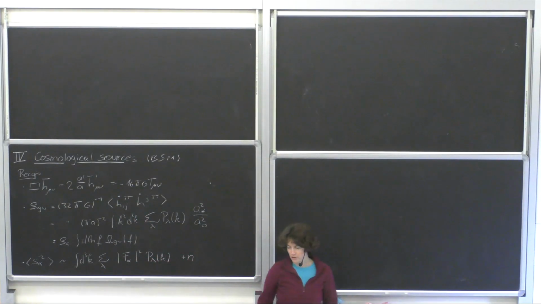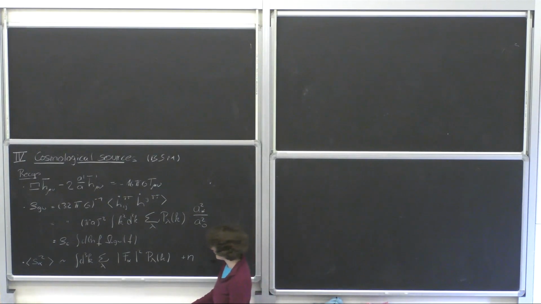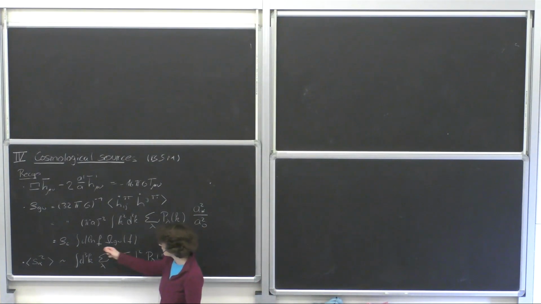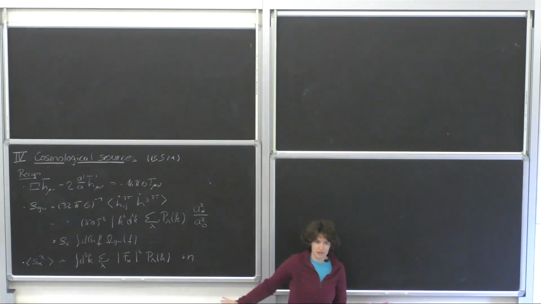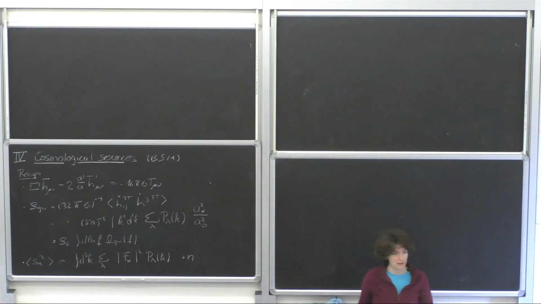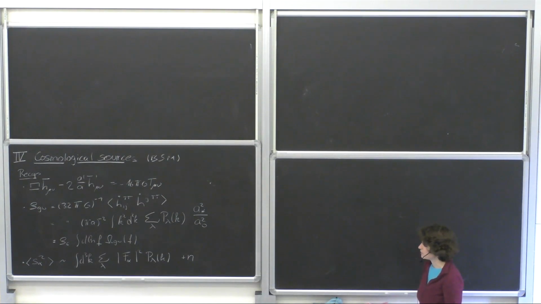If your situation is simple, you may be able to take either this or parts of this outside of these sums or integrals. But that is the generic structure that you should always expect from a gravitational wave instrument.